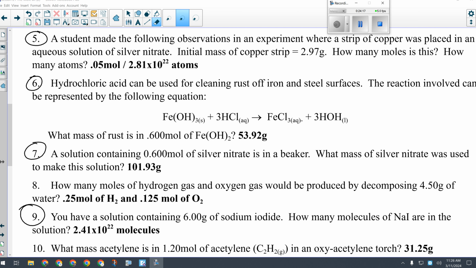So in this question, they told me n is 0.600 moles, and they told me the material, iron, that's why that would be confused. It's supposed to be a 3 here, guys, FeOH3. So it would be 55.85, plus 16 times 3 plus 1.01 times 3, and then you would go from there.